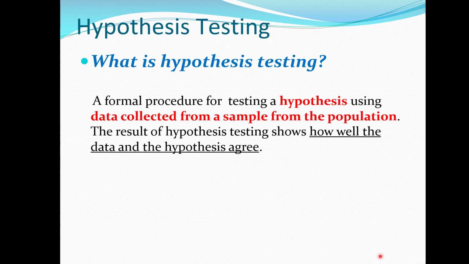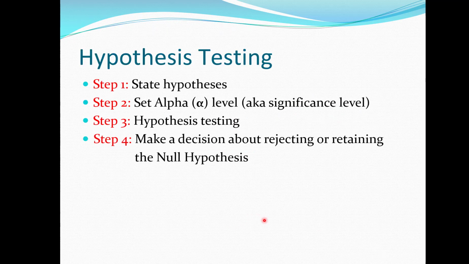Now we know the definition of hypothesis testing. Let's take a look at the specific steps. For hypothesis testing, we have 4 steps. Step 1, state hypothesis. Step 2, set alpha level. Step 3, hypothesis testing.